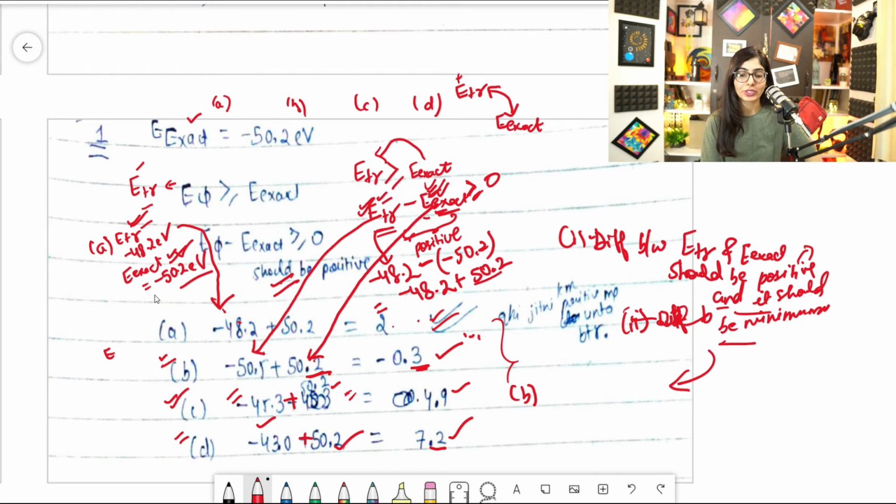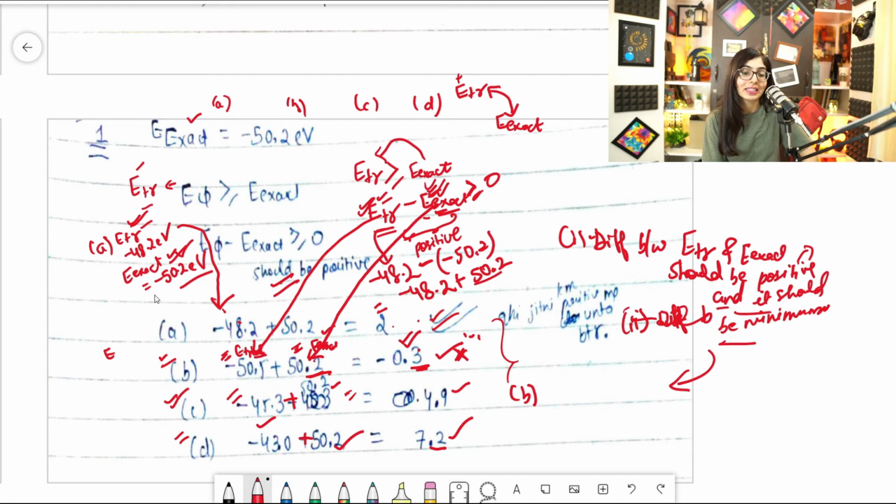So I'm not going to take this one, because this is against the rule, and if I define it more, it is becoming minus 0.3. So that means my E trial would be less than the E exact, right? Because this is the E exact and this is E trial. So according to it, E trial would be less than E exact.